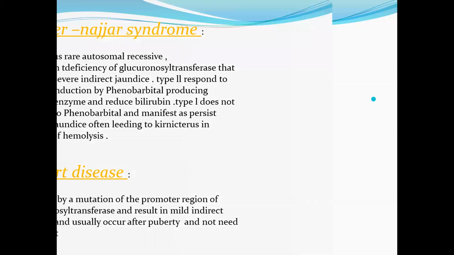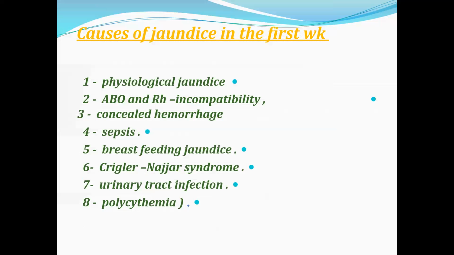Here we talk about a summary of the jaundice that may present in the first week. Important for you, if someone asks you what are the causes of jaundice in the first week, your answer: first you talk about physiological jaundice, as we say, most newborns develop such jaundice.